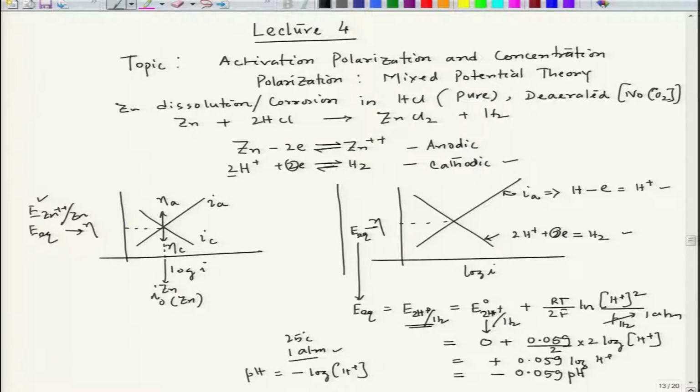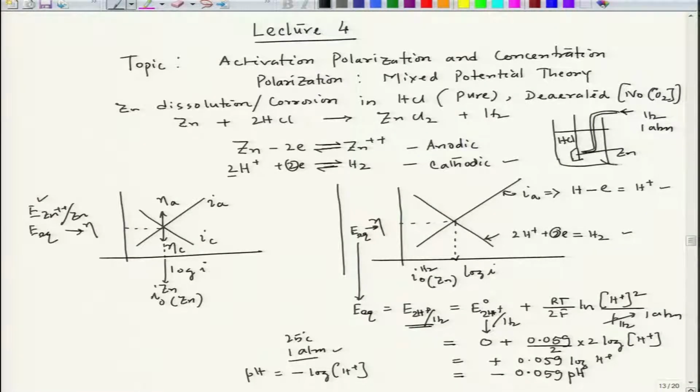So, this is the equilibrium value, and this point is I_0 of hydrogen on the zinc surface, because this particular electrode will be constituted like this. You have HCl medium and you have a zinc plate. Now, you have hydrogen gas flowing in at 1 atmosphere pressure, and this is HCl.